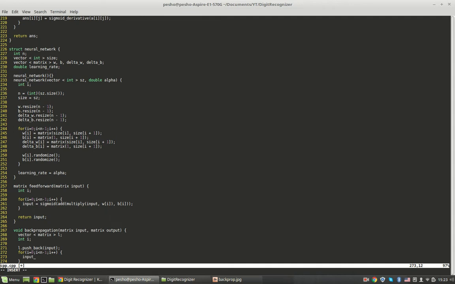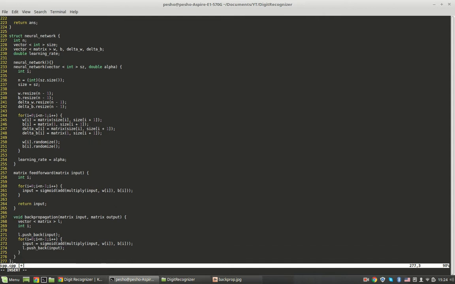We say input equals sigmoid of add of multiply input, Wi, Bi. So pretty much the same thing. And then we push that in the L vector. So yeah, we have now calculated those L values.